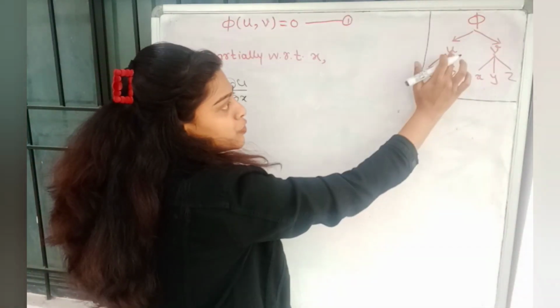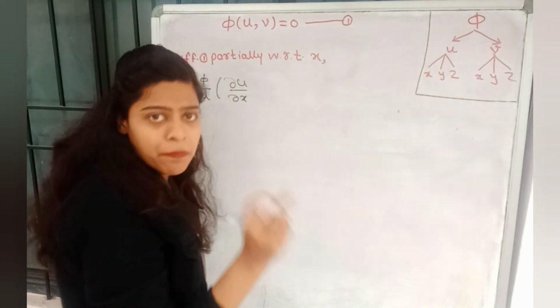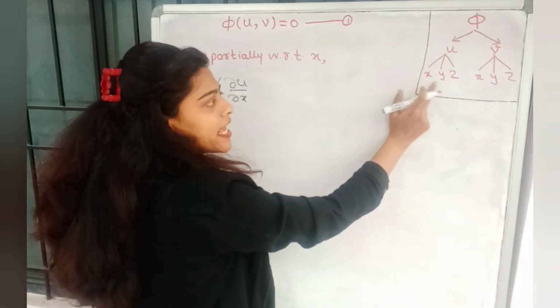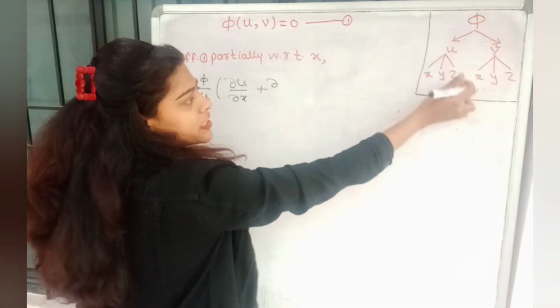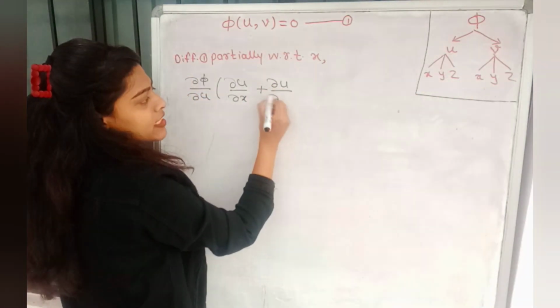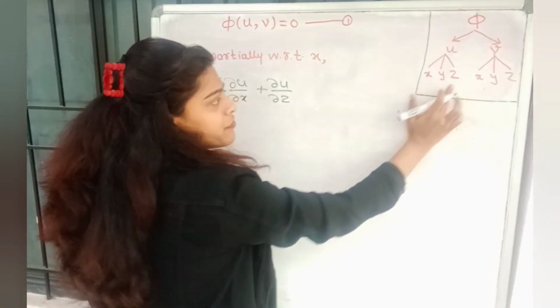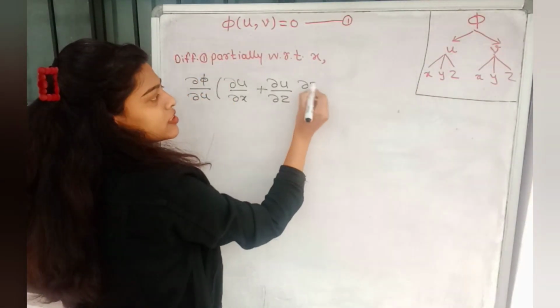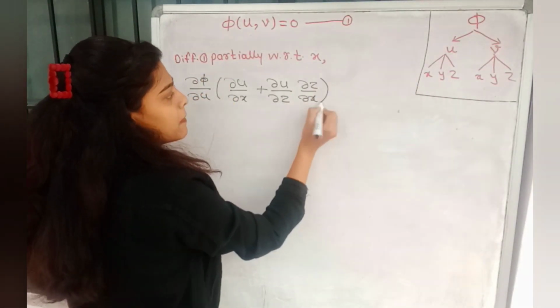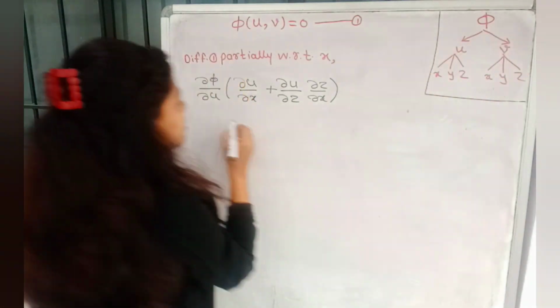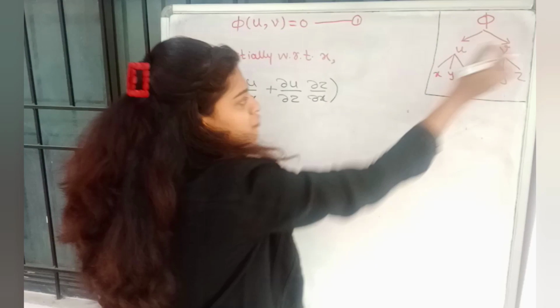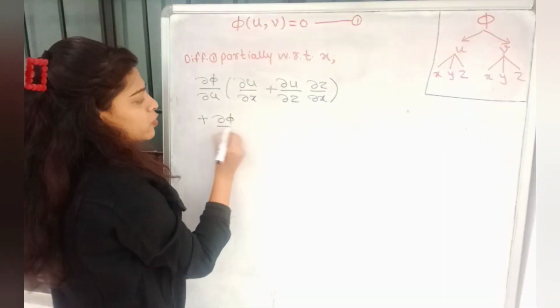Now, u is a function of z and z is the dependent variable which depends on x as well as y. Therefore, plus dou u with respect to dou z, but z is a function with respect to x, that is dou z by dou x. We have completed this part. Now, next part is the v part, that is phi is a function of v, therefore dou phi by dou v.